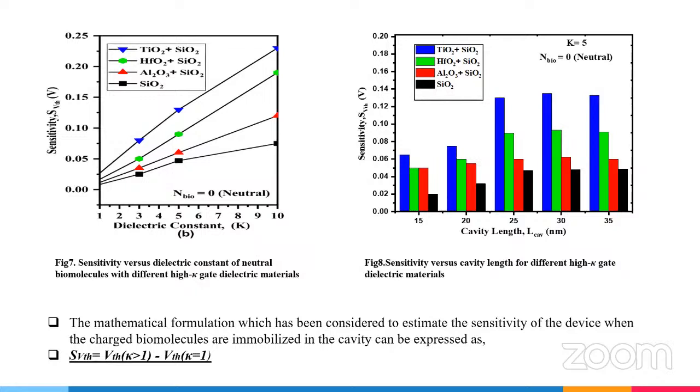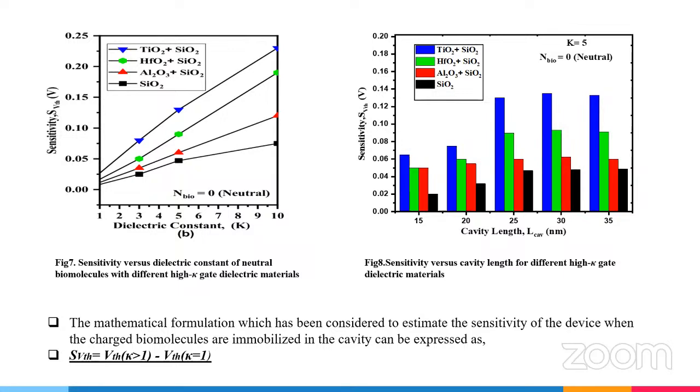This is the sensitivity profile of the biosensor. For any biosensor, sensitivity calculation is of utmost importance. How do we know how sensitive the biosensor is, and how we are able to differentiate between before and after the conjugation of biomolecules?